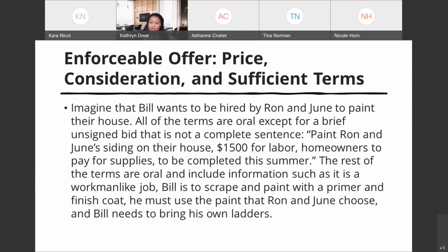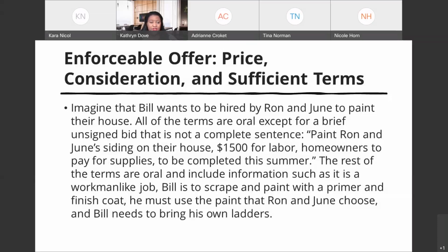You typed it. Yes, there is, Jody, because all you need is offer, acceptance, and consideration. So if Ron and June, the homeowners, agree to allow this contractor Bill to paint their house for $1,500, they each make a promise. I promise to pay you if you paint my house, and Bill promises to complete the job.